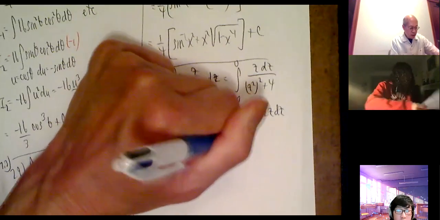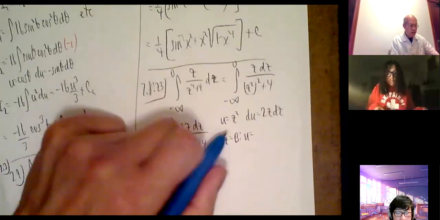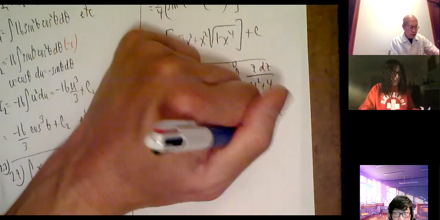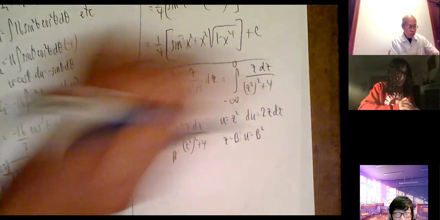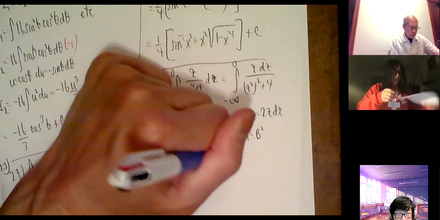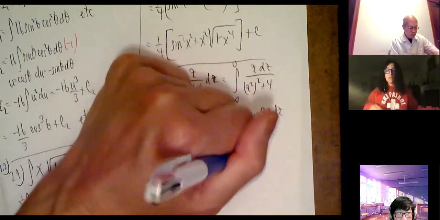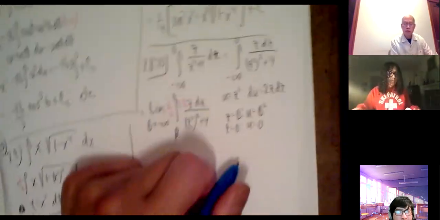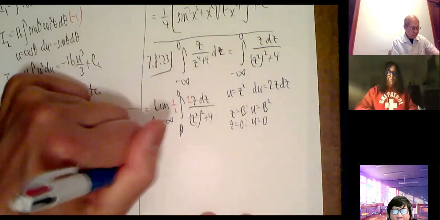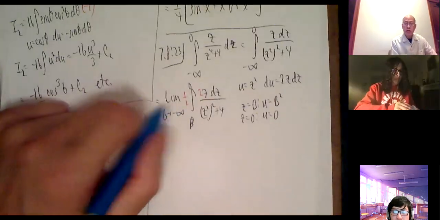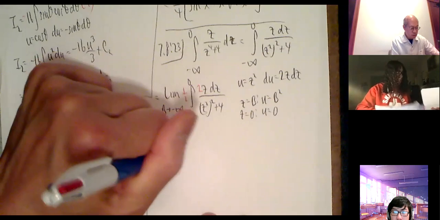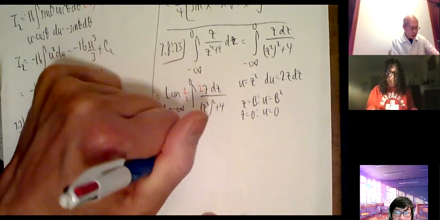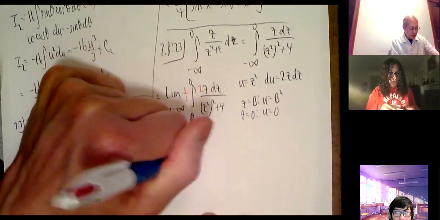When z is b, u is b squared. When z is 0, u equals 0. So my integral has a 1/2 out in front. Limit b approaches negative infinity.